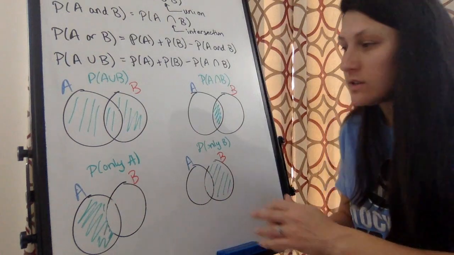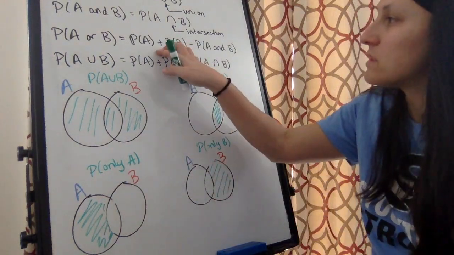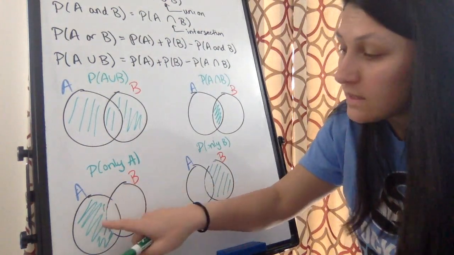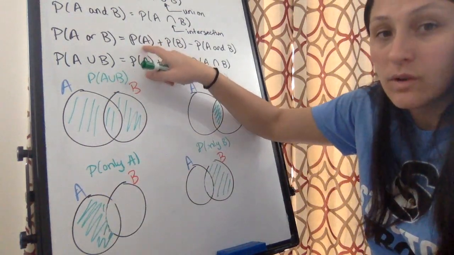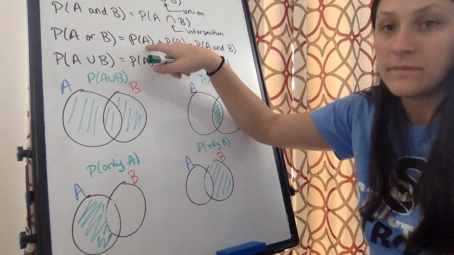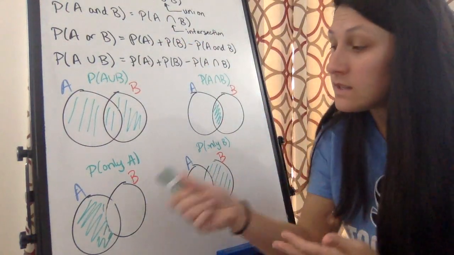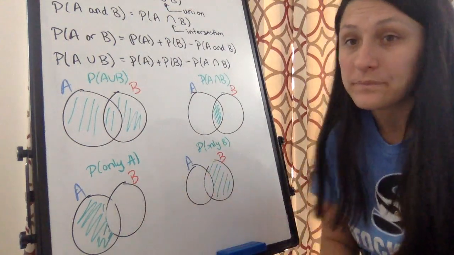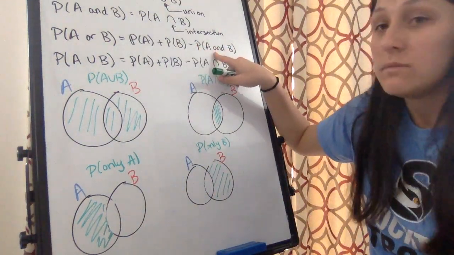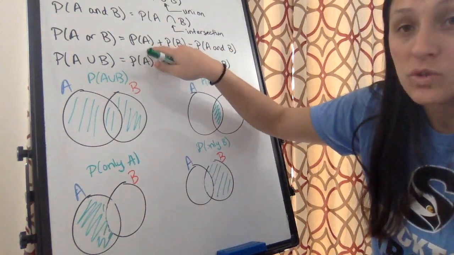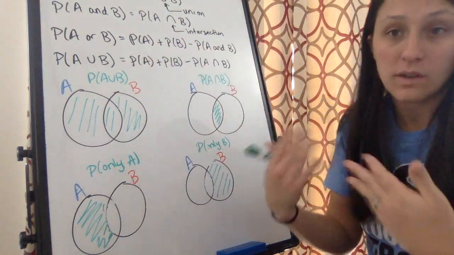So I wanted to show you this because sometimes when students use formulas like this, they tend to figure out what's in only A, and then they use that number here. But this formula doesn't say only A. It says A, which means everything in A, which could include elements that are in set B, which is why you subtract, because you would be adding things that are in the intersection twice, and you only want to add that once. You don't want to double count.